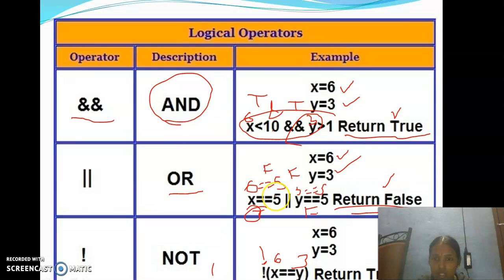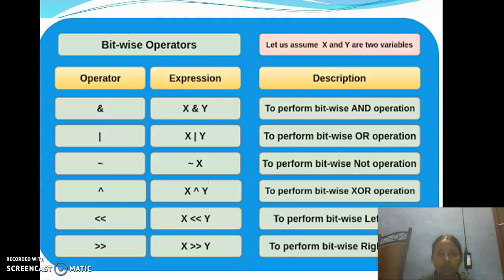Both the conditions are false, then only it will be false. If both are true or any one of the conditions is true, then it returns the output as true. NOT: that means 6 and 3 are not equal. Directly we are saying that 6 and 3 are equal, but the NOT condition is specified over here. So anyhow 6 and 3 are not equal, so it returns the output as true. So these are the logical operators.